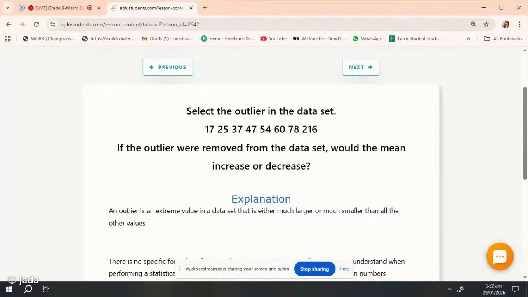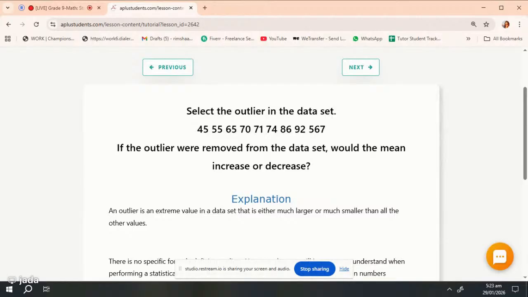You just check it. It's either a smaller value or a larger value. Okay. Here the smaller value is 17, but this smaller value is very close to the others. So you can say that it is a much larger value in this data.